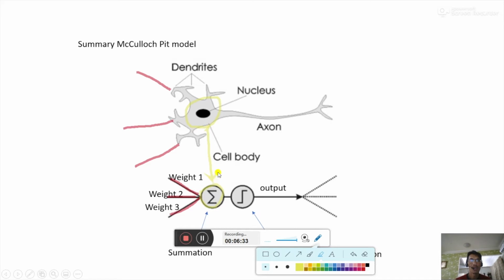It sums all of the electrical signals. And finally the synapse. So this is a synapse and this is a synapse. These synapses are basically modeled through weight 1, weight 2, and weight 3, as well as this function. This is a function. So these three, 1, 2, 3, represent the synapse.